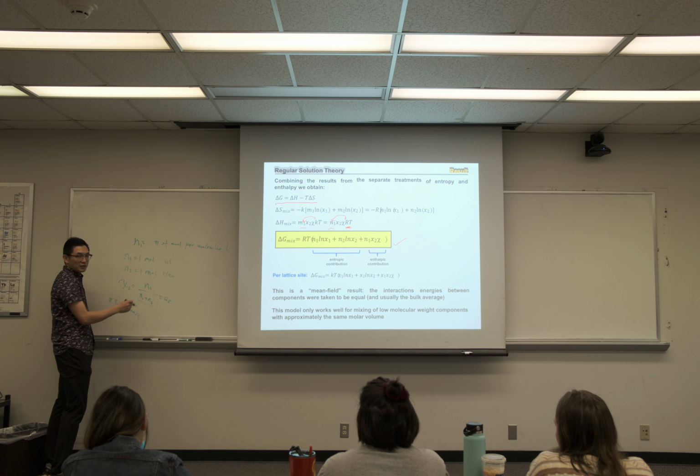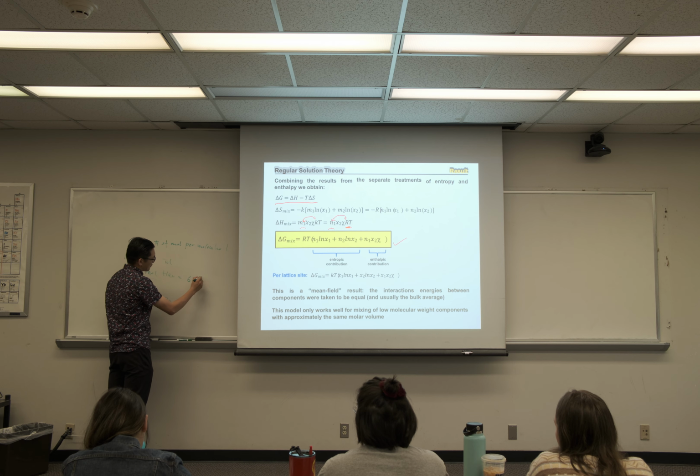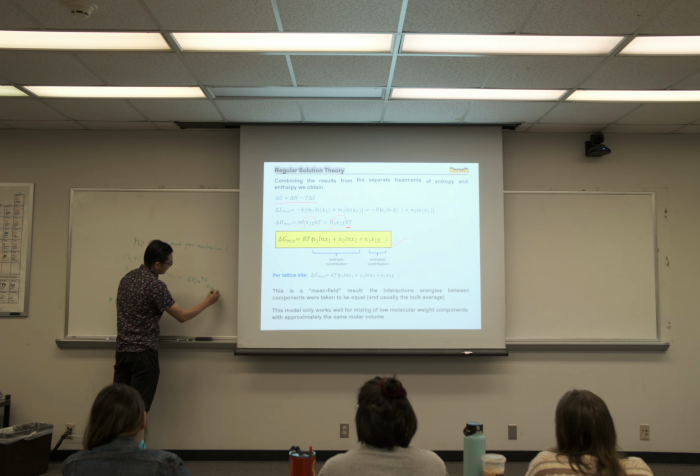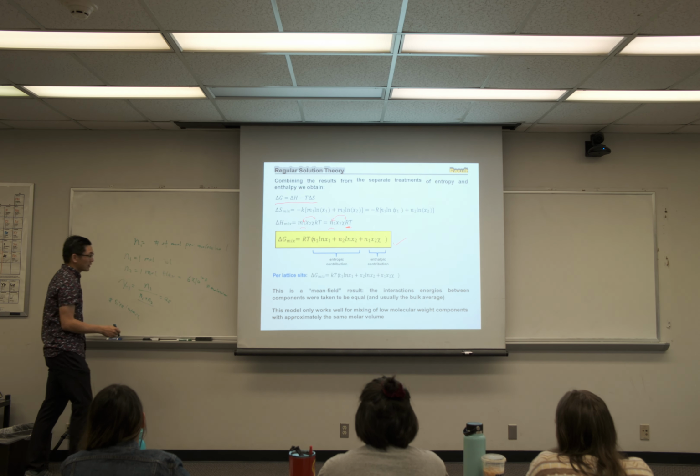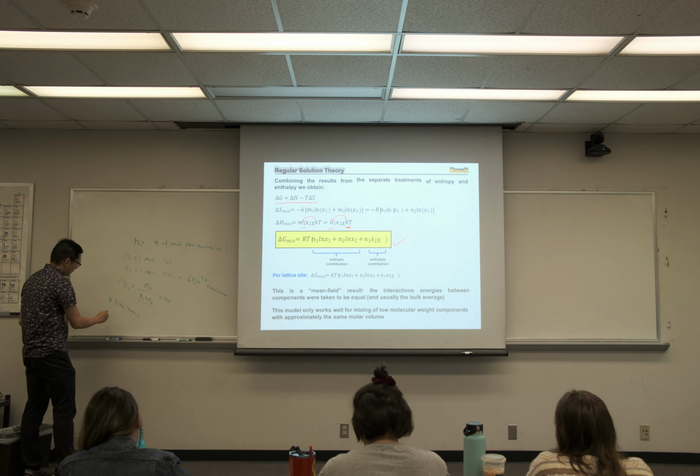This we need to convert to number. 1 mole is 6 times 10 to the power of 23 number of molecules. So if we convert to the bottom one, we can use, let's call it, delta G mix, divided by number of lattice sites.